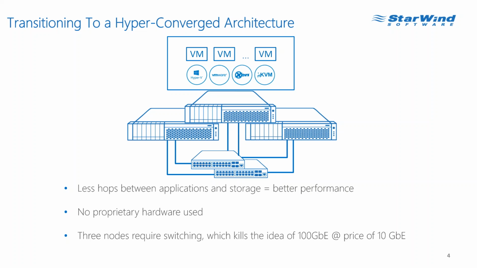So what we'll do next is jump from a hyper-converged architecture to an alternative. It's also hyper-converged, but it involves a different approach to getting more juice from your servers.